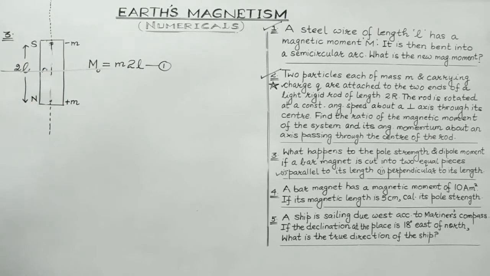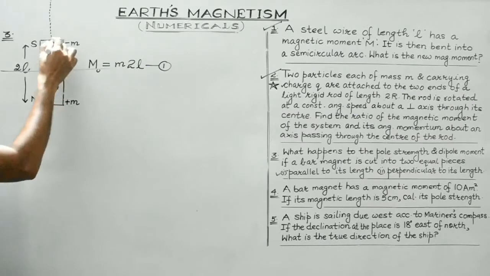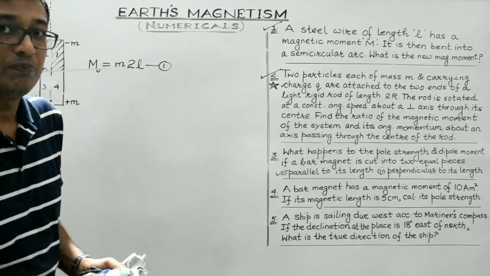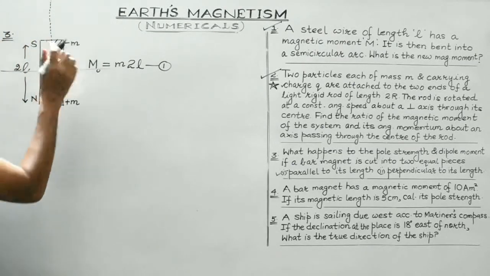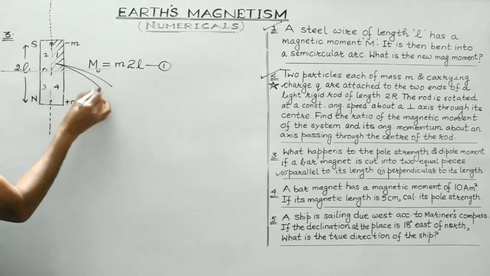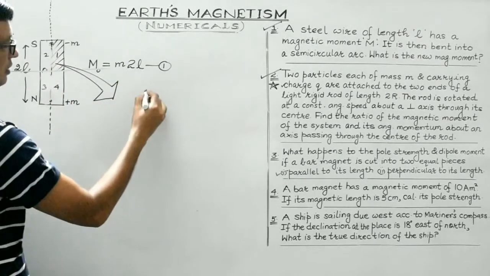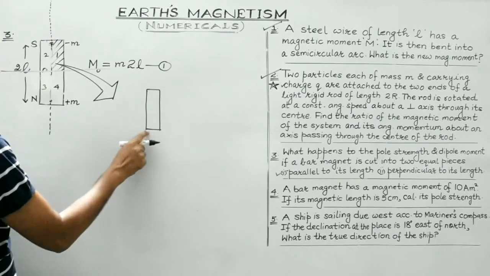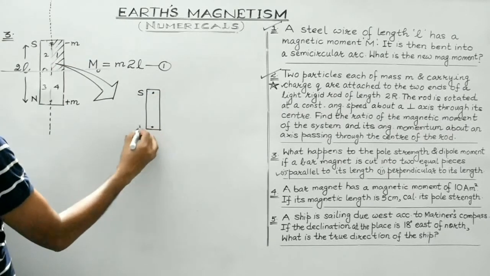These are the 4 equal parts, isn't it? So let's consider one part. Let's find out its magnetic moment and compare it with the original one. So this is the portion I'm talking about. This will be the south pole, this one will be the north pole.